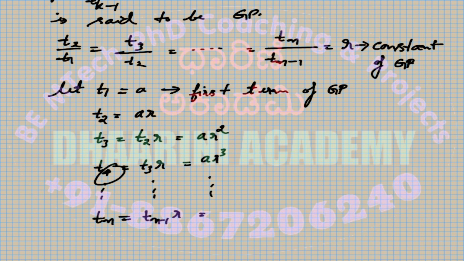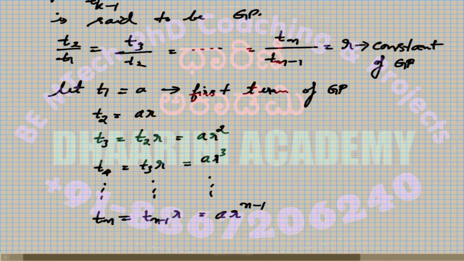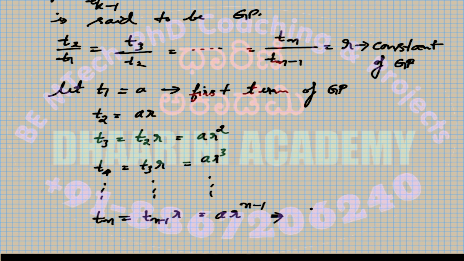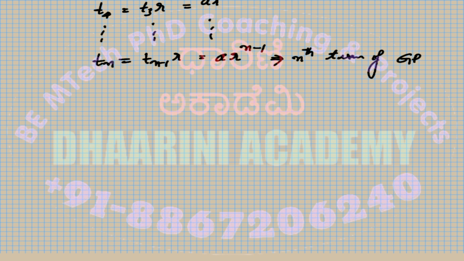So the nth term can be directly written: Tn is equal to a into r to the n minus 1. So this is what is called the nth term of the geometric progression.